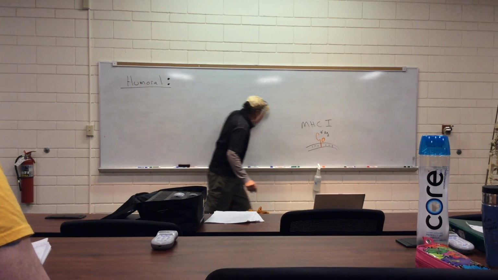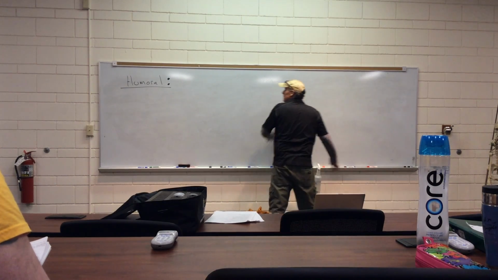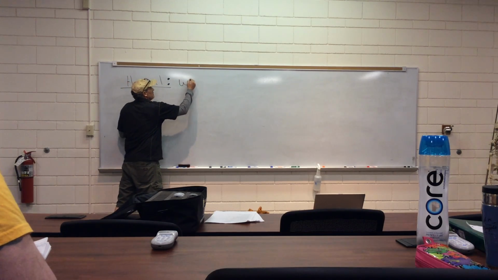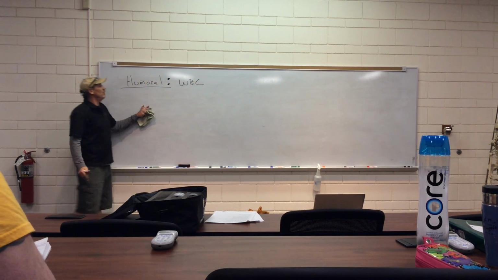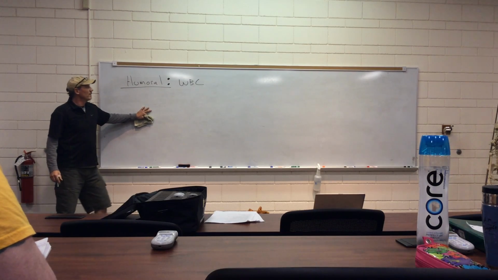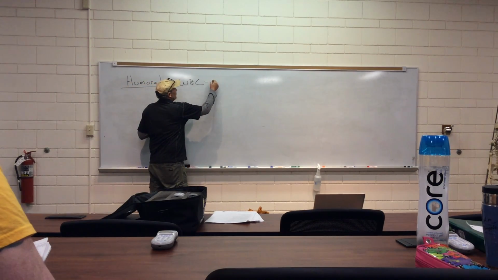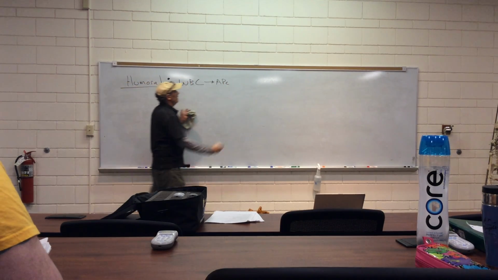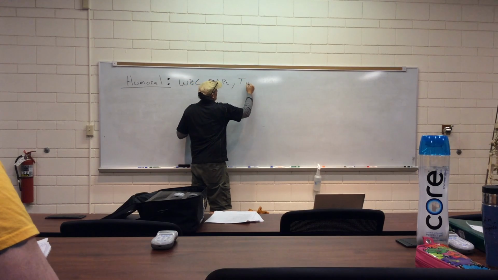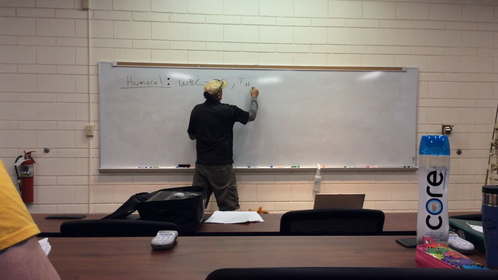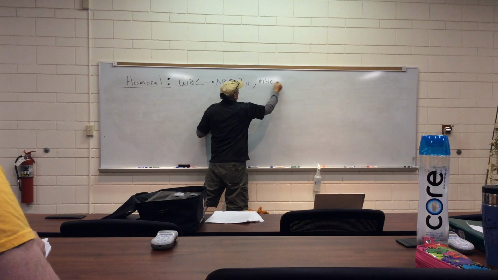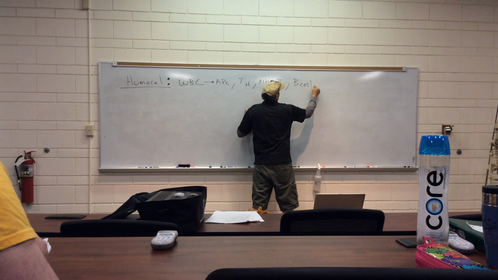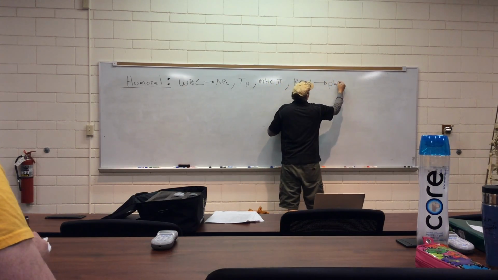So, once again, this is in our blood and lymphatic system, right? So the cells that are involved, I always like to write those down so I can kind of think of these as I sketch it out. White blood cells, they're going to turn into antigen-presenting cells. They're going to interact with T helper cells. They do this via MHC2 molecules. We end up getting B cell differentiation into plasma cells.